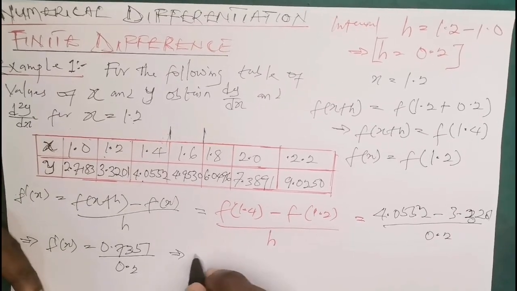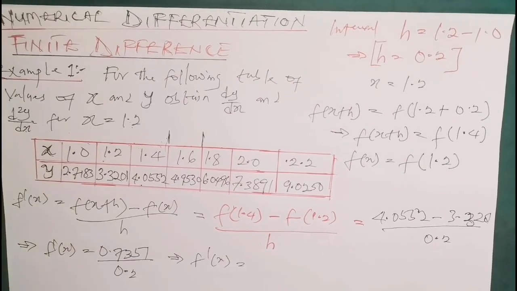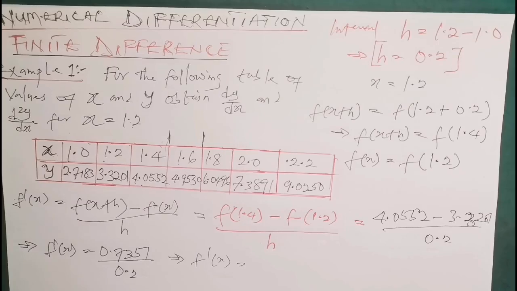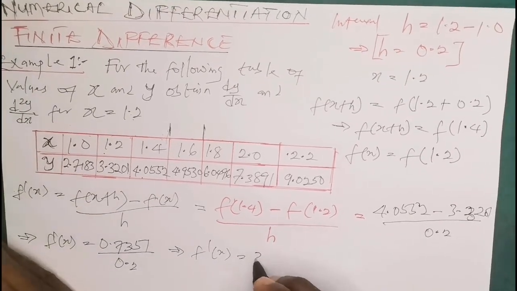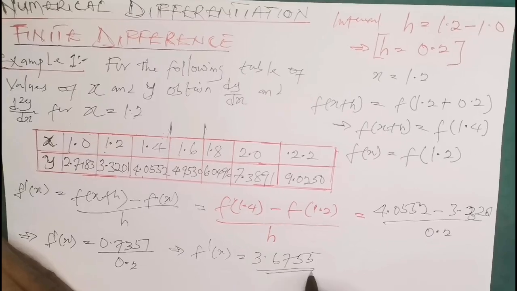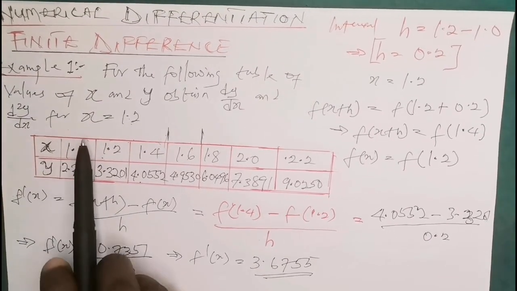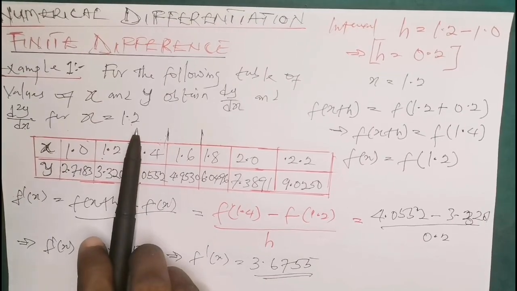Now this simply implies that the approximate value of the first derivative of that function becomes, divide this by 0.2. That gives us approximately 3.6755. So this becomes the first derivative approximation of the function when x is equal to 1.2.